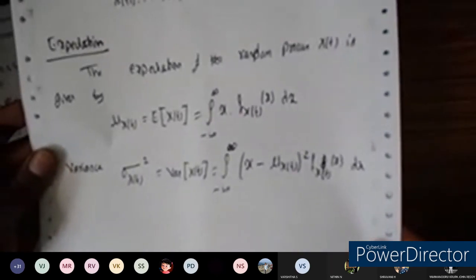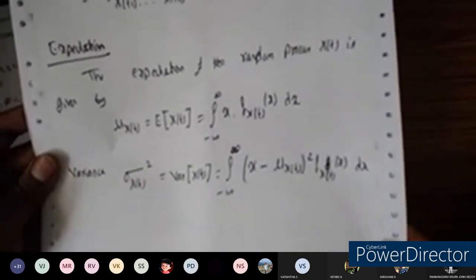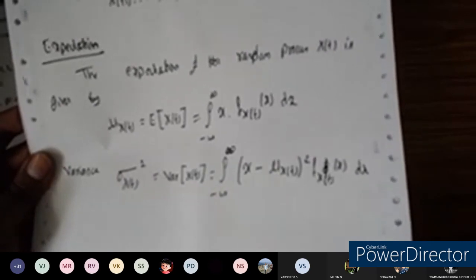So this is the variance of the random process that we get.